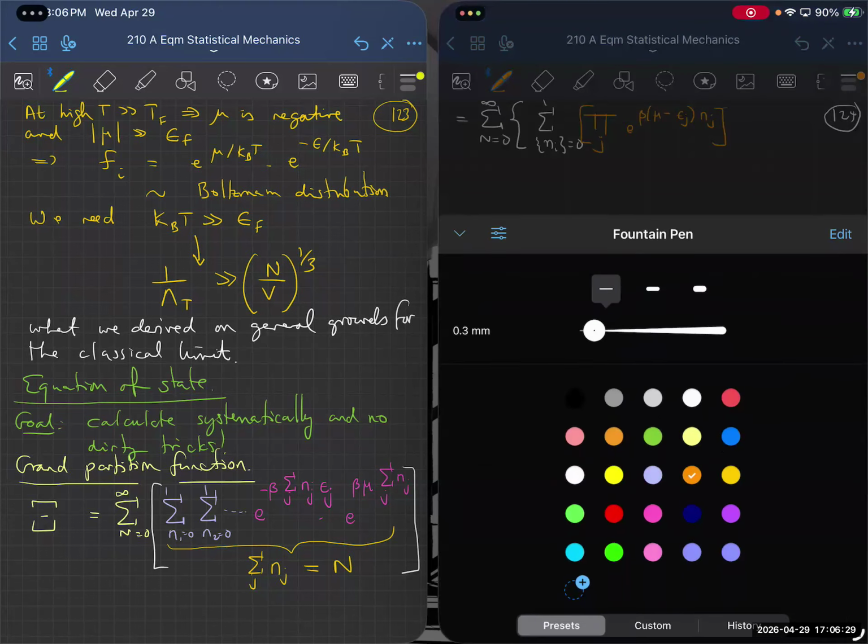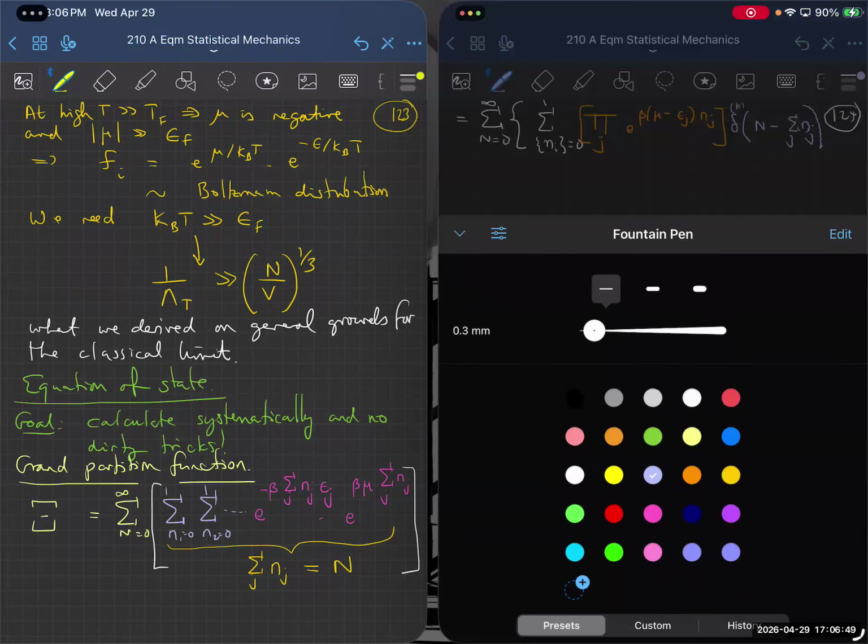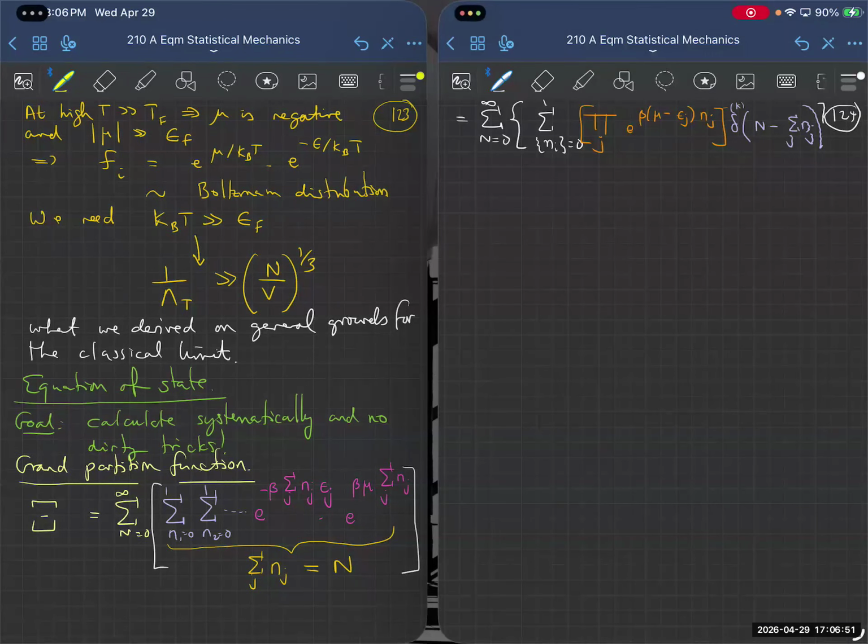And then I could write down the constraint as simply a Kronecker delta. So I write this down, a Kronecker delta of n minus the sum over the occupation numbers, nj. So that's what this thing formally is, and then I close the outside bracket, and that is what the grand partition function is.